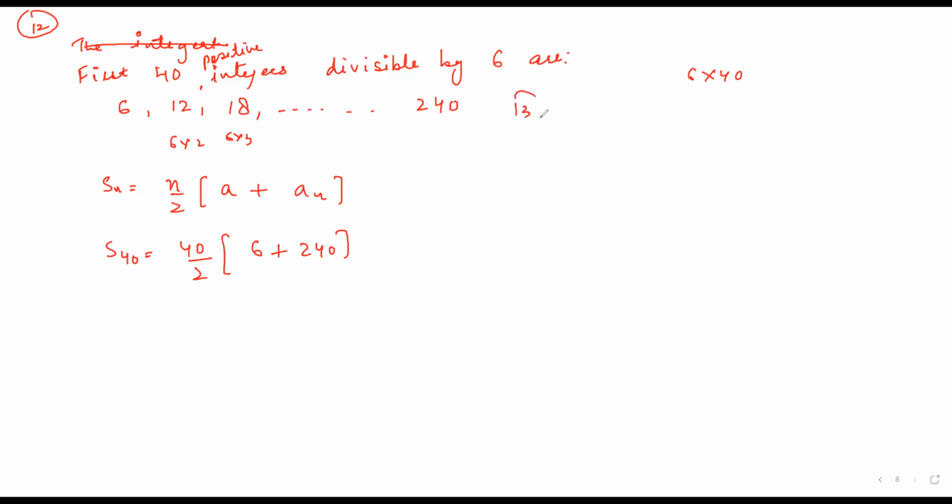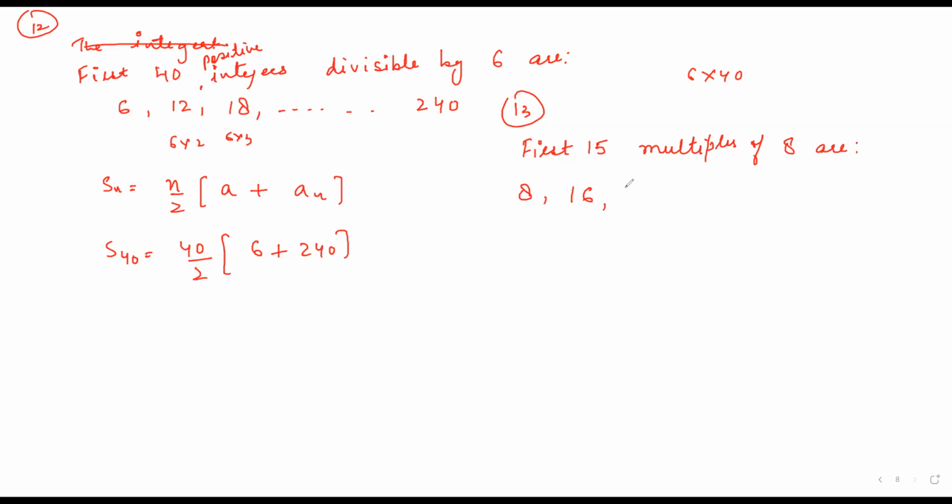Now question number 13. Let's see. Find the sum of the first 15 multiples of 8. Same question. So you write the first 15 multiples of 8 are. Now what are the first 15 multiples of 8? First is 8 into 1, that is 8. 8 into 2, that is 16.